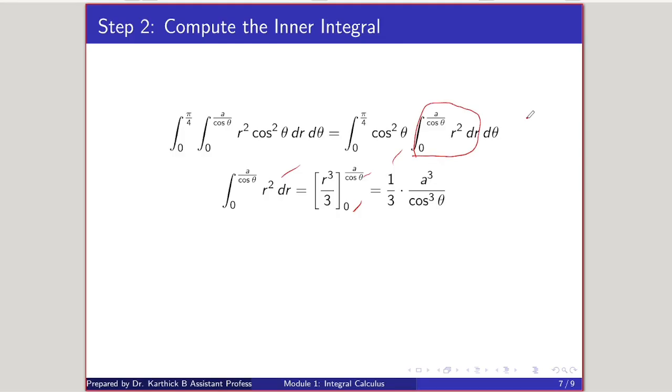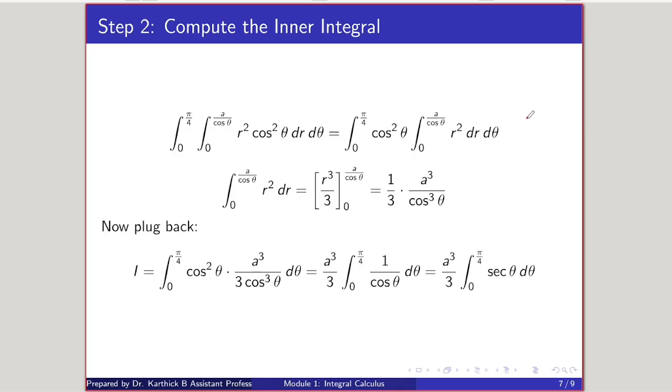Then I want to substitute this again into this equation. So I make the substitution here, and I get a cube by 3 times cos square theta by cos cube theta d theta, and cos square with cos cube gets cancelled. Finally I get a cube by 3 times 1 by cos theta d theta.